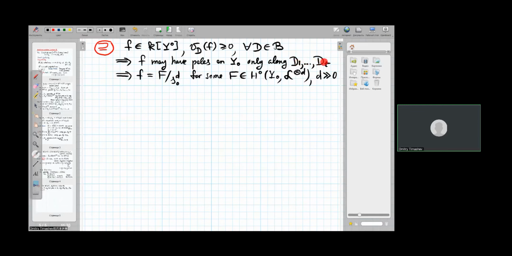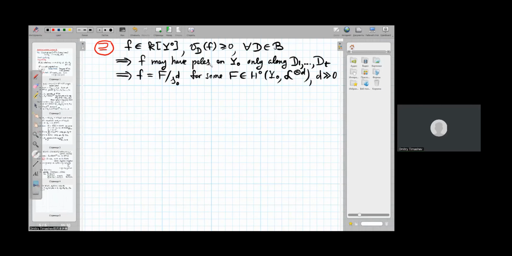If we multiply my function f by S_0 to the power d, then we will kill the poles of f. So we choose d so that m d is larger than the absolute order of f on D_i.